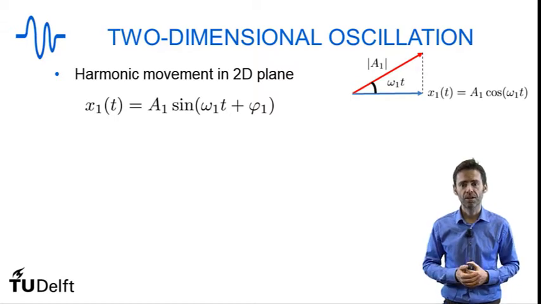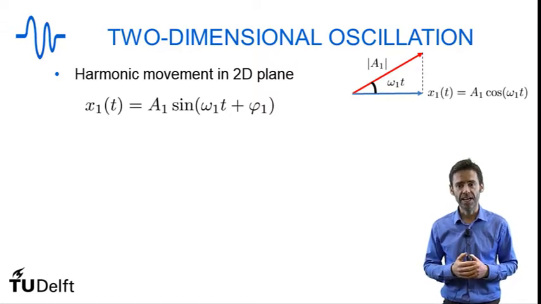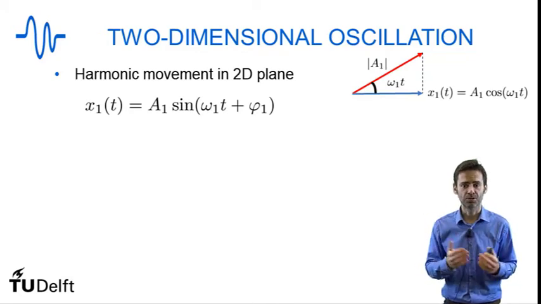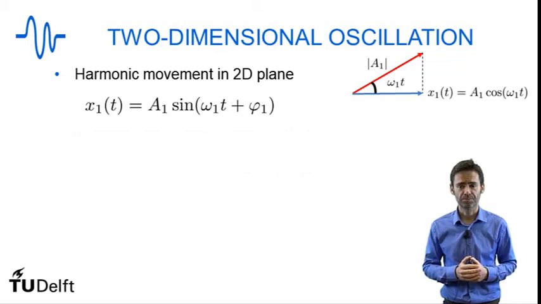So for example, our x1 of t is A1 sine(omega t plus phi 1), which can be represented as the x-coordinate of a vector moving in this xy plane. Because for phi 1 equal to pi over 2, the sine becomes the cosine.